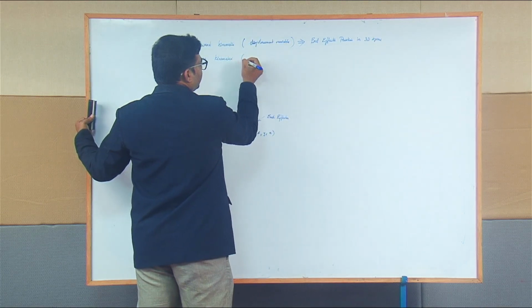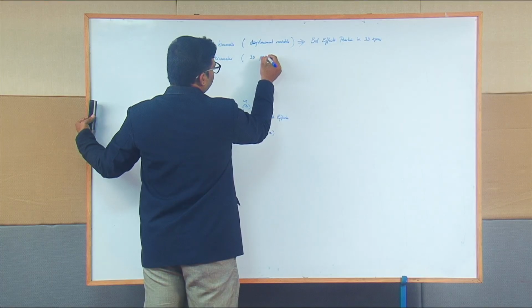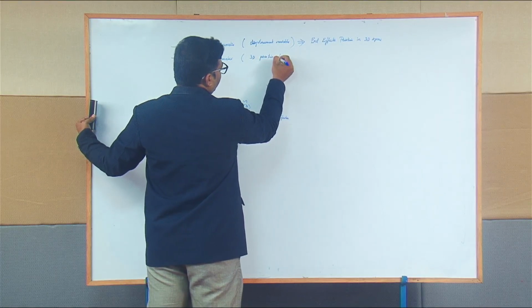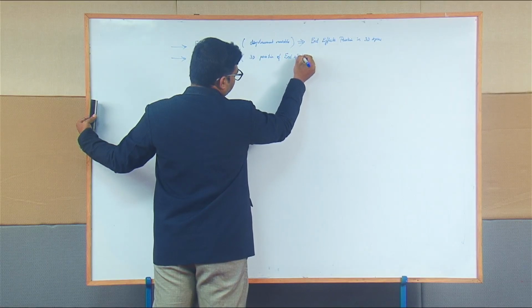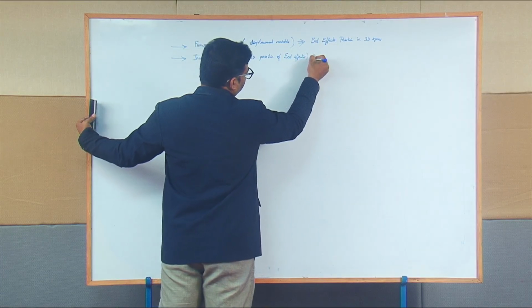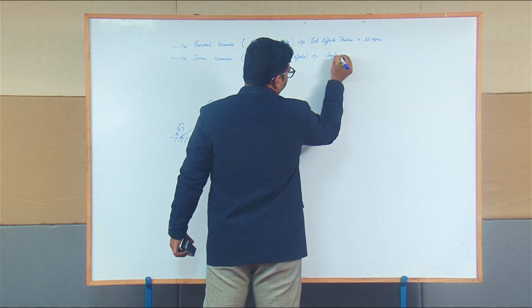In inverse kinematics, we know the 3D position of the end effector, and we find the displacement variables of the joints.